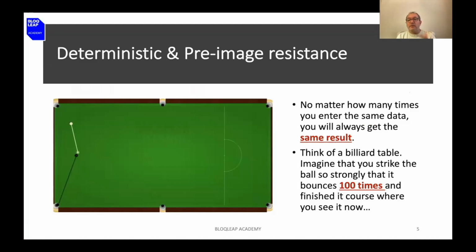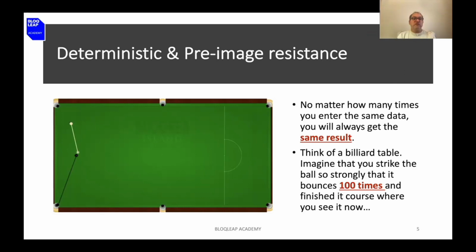I always give this example. Imagine you've got a billiard table. Imagine you are strong enough to strike the ball, and the ball bounces 100 times all around the table. When you arrive, you see the ball where it is now.